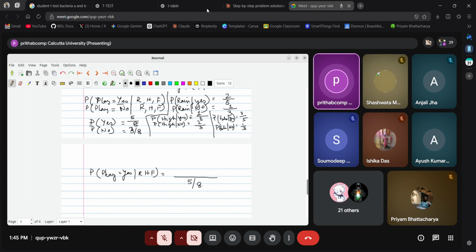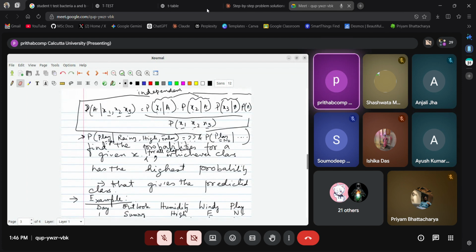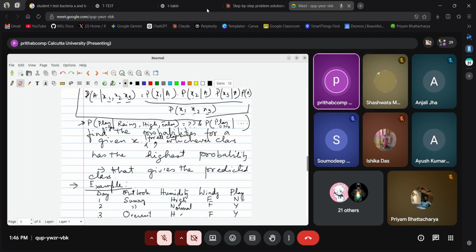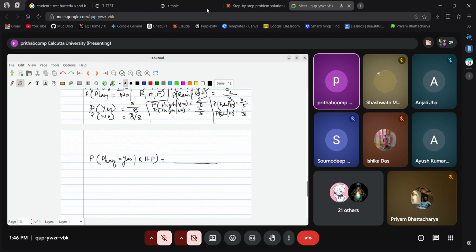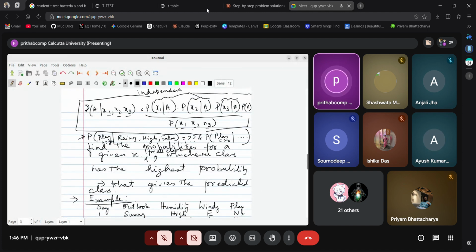Oh, not 5 by 8 over here, sorry. Probability of A is what? This one will go up, probability of it. What it was, 5 by 8. It will be 5 by 8 over here. And here what all things will get multiplied? All this.